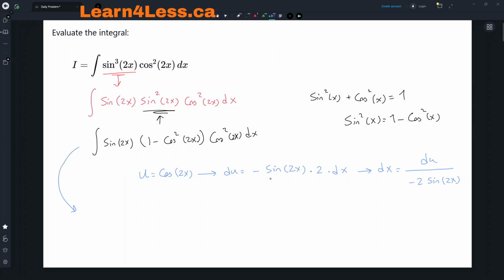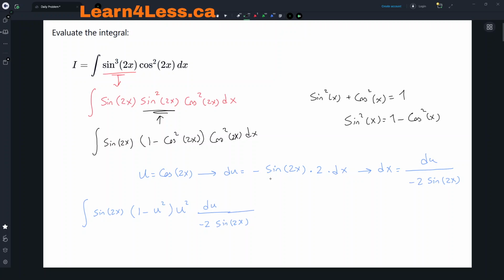Now let's rewrite this integral with the new variable u. So our integral would be sine of 2x multiplied by 1 minus, instead of cosine of 2x, I have u squared, multiplied by u squared, and instead of dx, I have du over negative 2 sine of 2x.